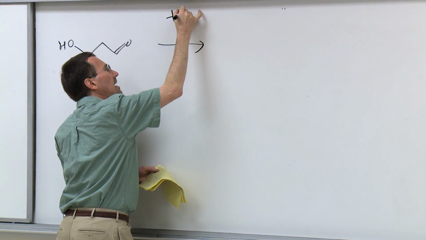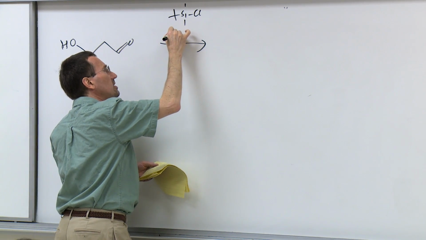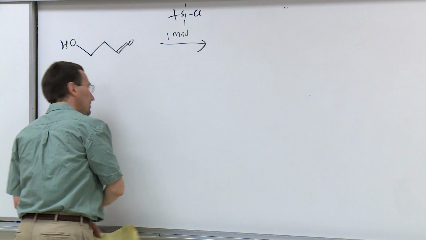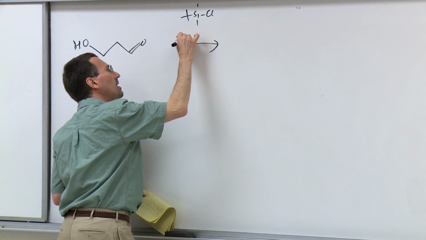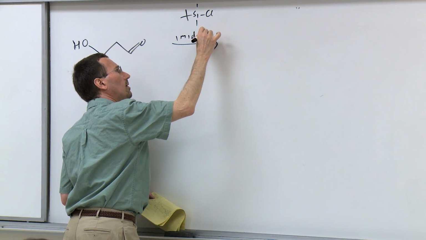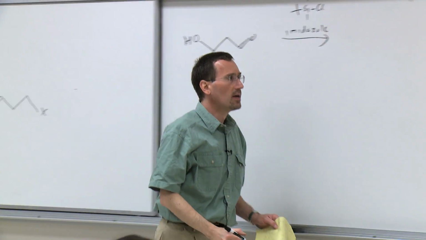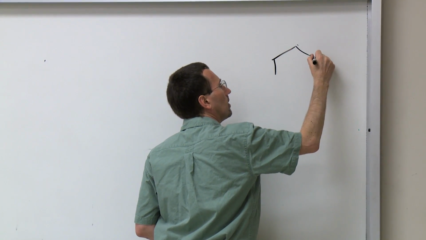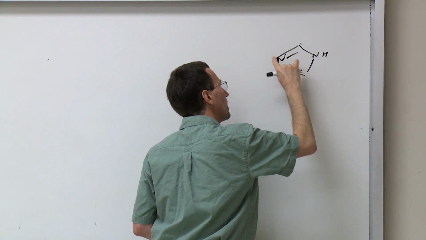The organic chemist's go-to protecting group for alcohols is tert-butyldimethylsilyl chloride, or the TBS ether. You put it on with imidazole and TBS chloride. Imidazole is a base. Imidazole is the heterocycle with two nitrogens in it.